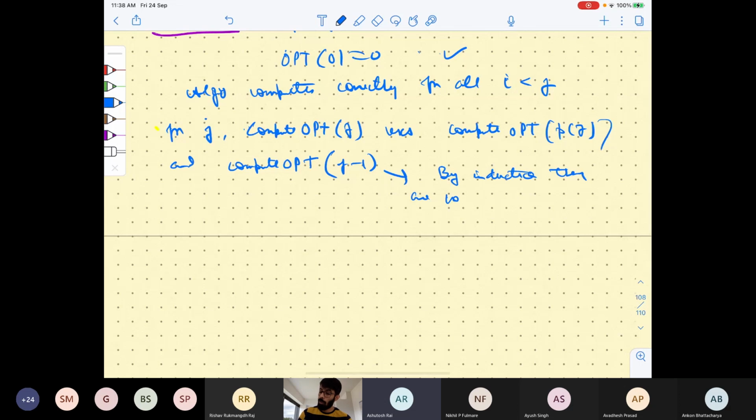And hence the value of compute opt is correct, because of the formula that we had.